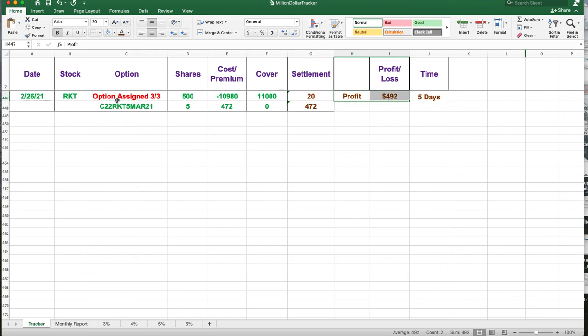But I no longer had those shares of Rocket anymore. They're gone. And that other person, whoever has the shares, probably turned around and sold them immediately because now they're worth $30 a share at the time. And I gave him a discount. I gave them to him at $22 plus his premium. So he did pretty good.